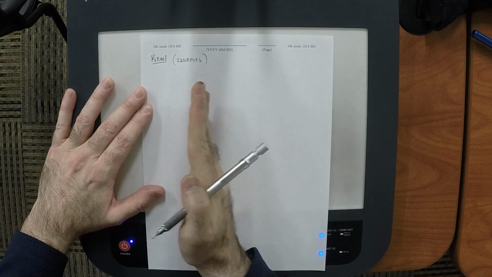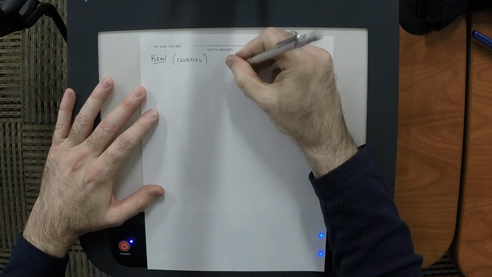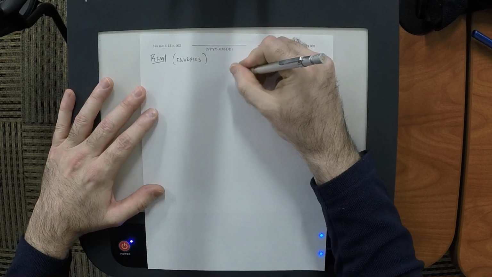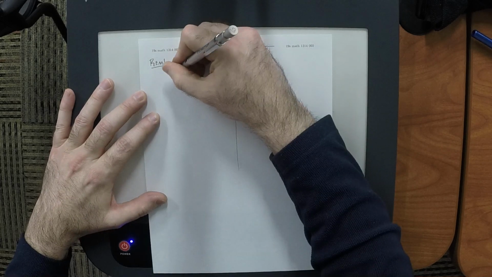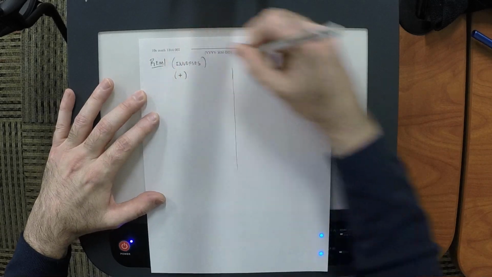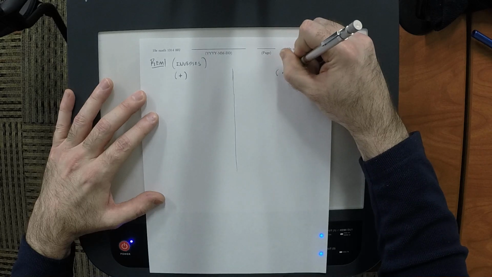So we're gonna proceed in 2 columns, side by side. In the left column, we're going to talk about add, and in the right column, we're going to talk about multiply.